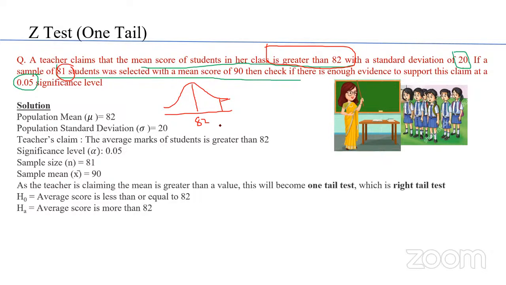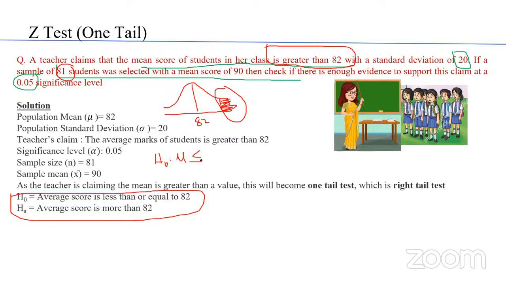Usually the status quo will tell that there is no change, everyone is getting 82 on average. But that teacher is challenging that no, I can prove that my students are falling in this zone. We have to check whether that is right or wrong. That is what the null hypothesis and alternative hypothesis are. For the null hypothesis, we have just mentioned that the total population average score is less than or equal to 82.